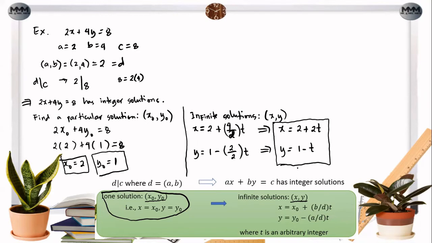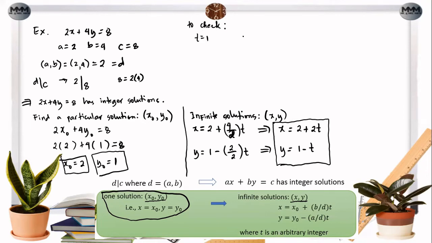Now, let's try to check our answer, our infinite solution, if it satisfies our linear Diophantine equation. To check, take note here that t is any integer, an arbitrary integer. So we can let, for example, t equal to 1.